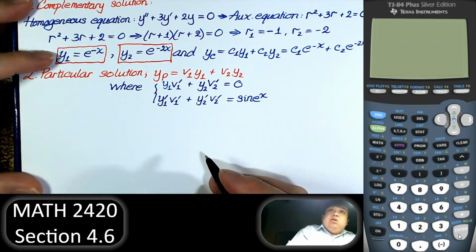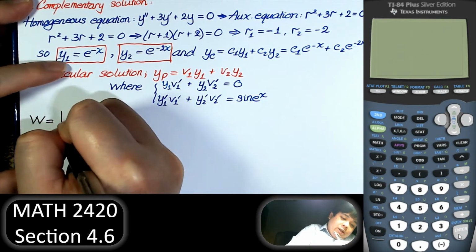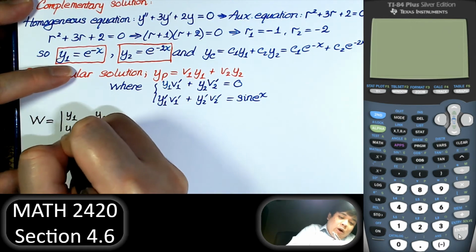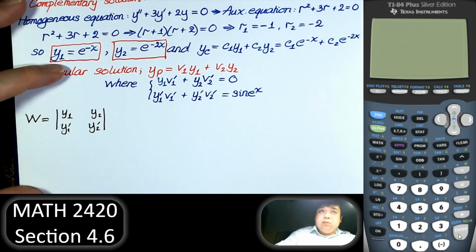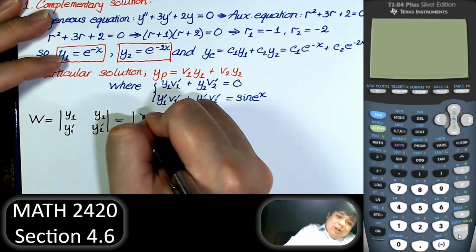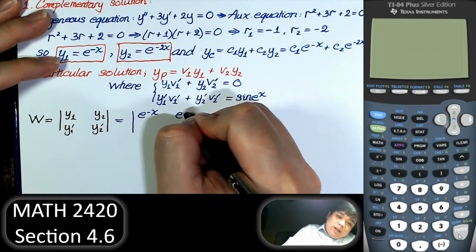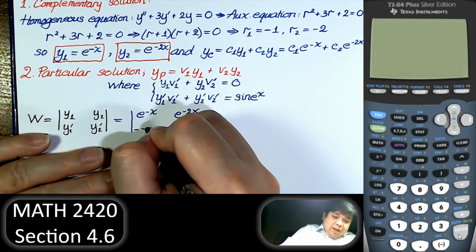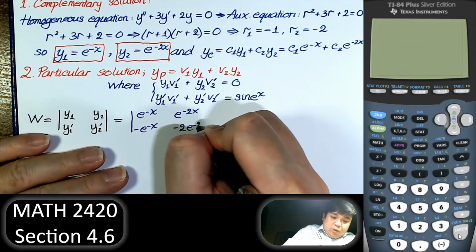Right. So system of equations, Cramer's rule. For the W: y1, y2, y1 prime, y2 prime. y1 is e to the negative x, y2 is e to the negative 2x. The derivatives: negative e to the negative x, negative 2 e to the negative 2x.